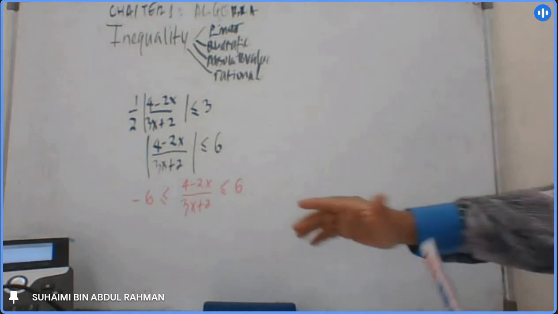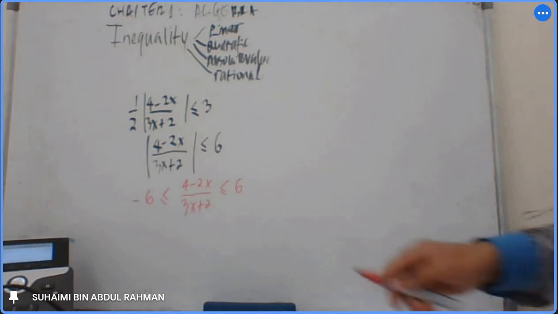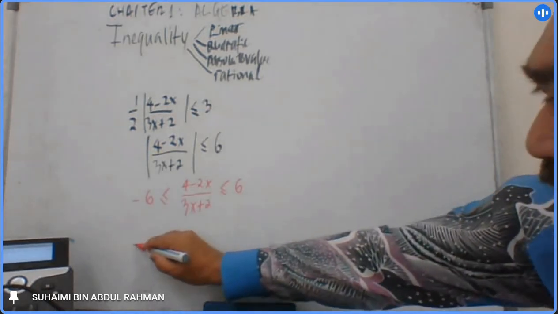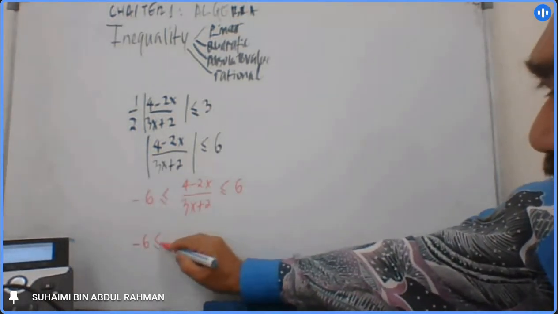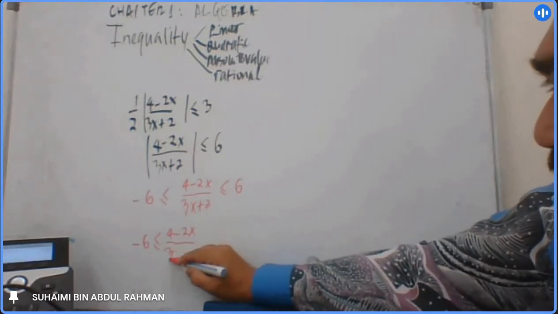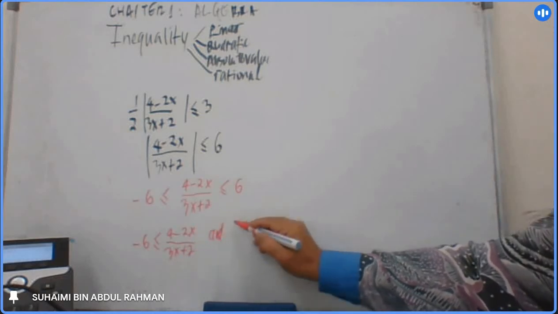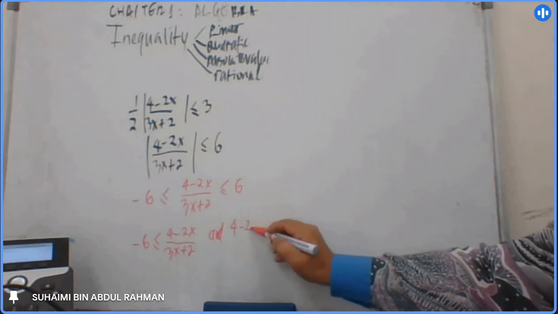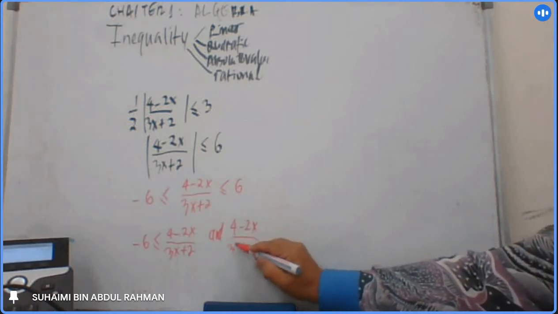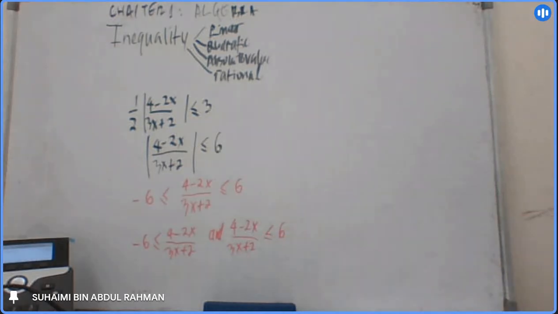If we separate into two parts, one part is minus 6 less than (4 minus 2x) over (3x plus 2), and another part is (4 minus 2x) over (3x plus 2) less than 6.